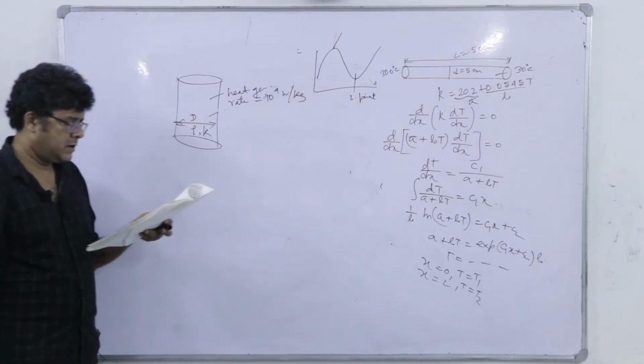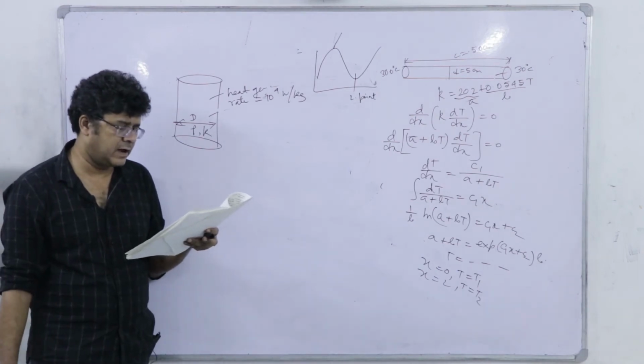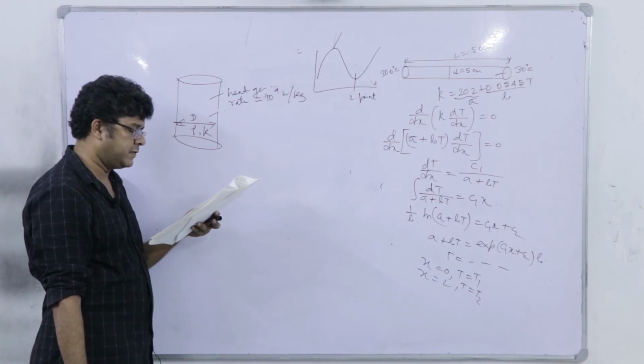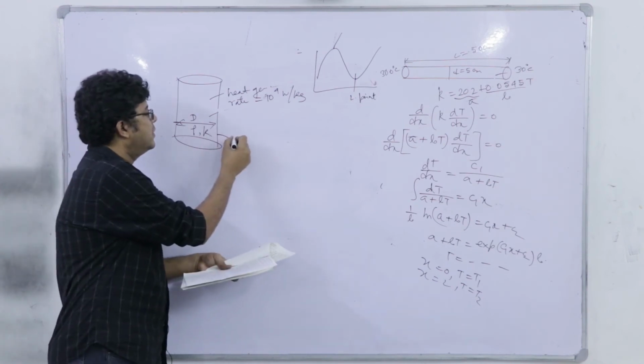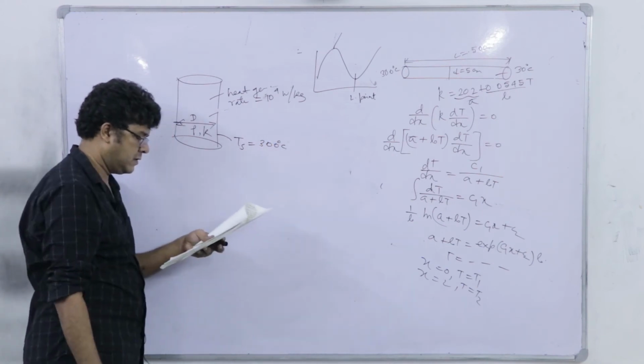The heat from the fuel pellet is transferred to the surrounding coolant by convection such that the pellet wall temperature remains constant. Here the wall temperature is 300 degrees Celsius.